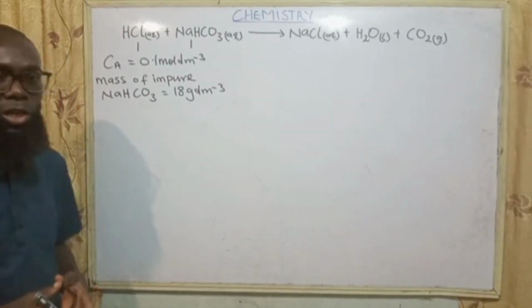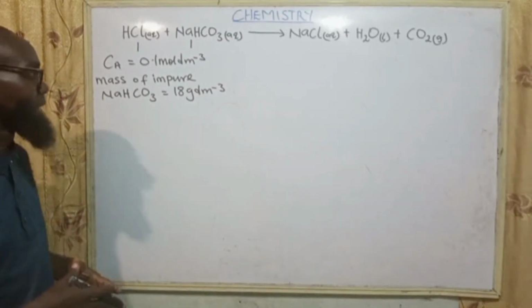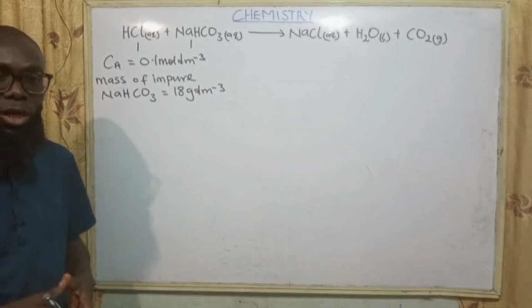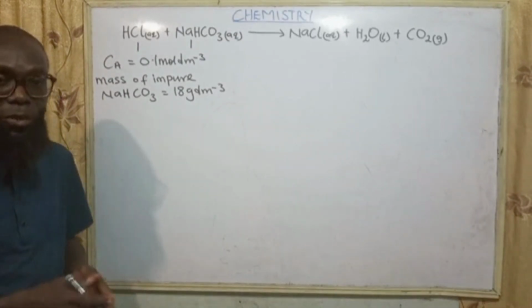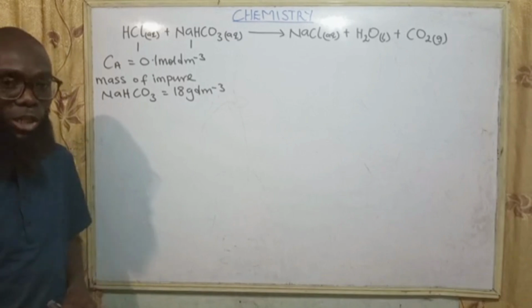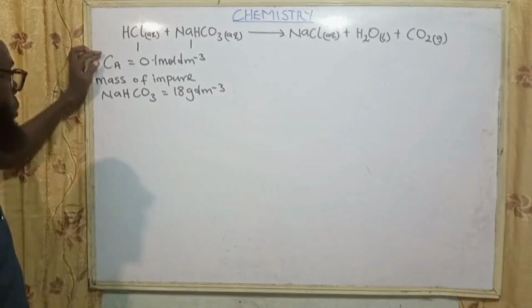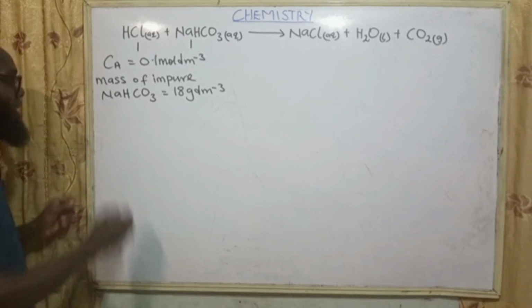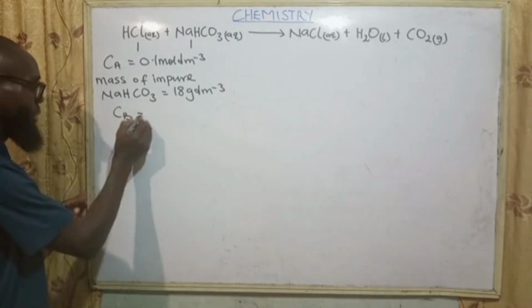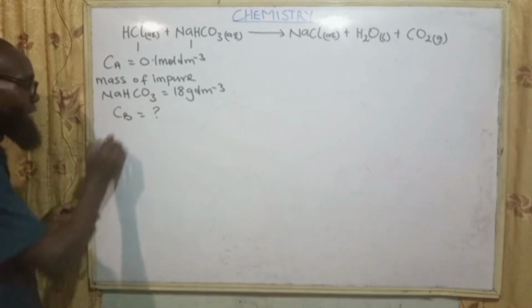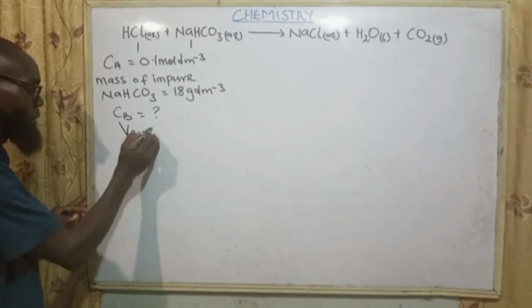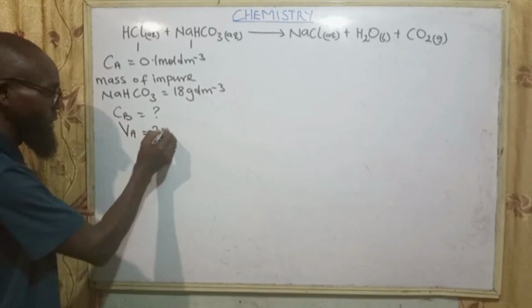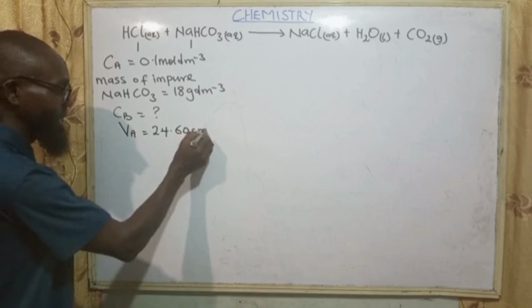Fine. Next, how do we calculate the first one? The concentration of sodium hydrogen carbonate in solution B, in mole per dm cube. Now, we are given the concentration of the acid, Ca, already. The concentration of base is what we want to find, and the volume of the acid we assume to be 24.60 centimeter cube.